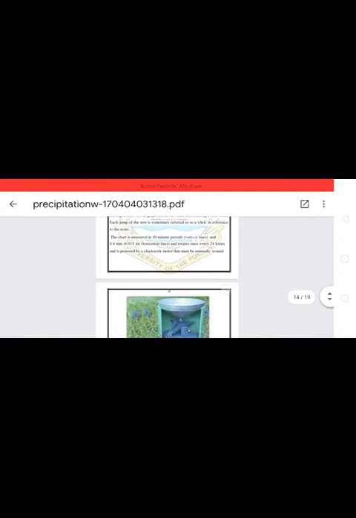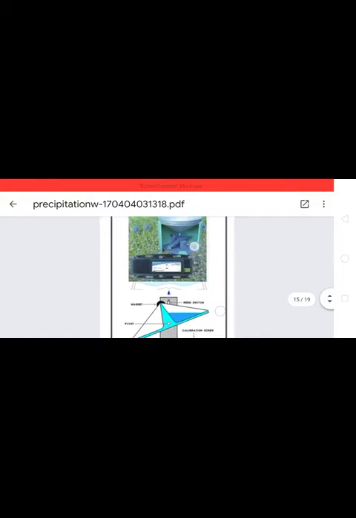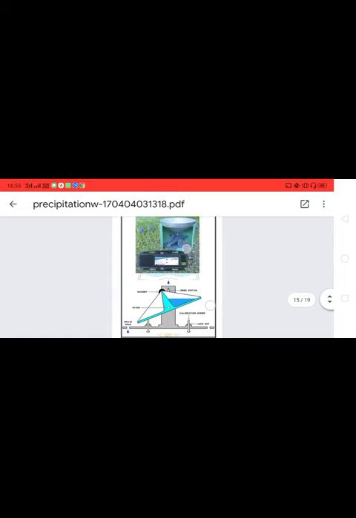The chart is measured in 10 minute periods on the vertical line and 0.5 mm or 0.015 inches on the horizontal line, and rotates once every 24 hours, powered by a clockwork motor that must be manually wound. So these are the pictorial representation of the tipping bucket.